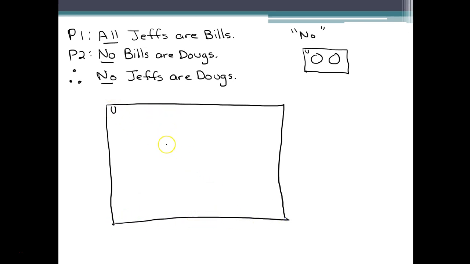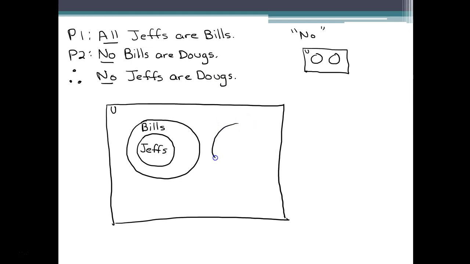Okay. All Jeffs are Bills. Let's draw that part first. All Jeffs go in this circle. And every single one of those are also Bills, so we have to draw that inside the Bills circle. No Bills are Dougs. When we go to draw the Doug circle, we cannot have it touching the Bills circle because of the word no. And so far, those are drawn based on the premises.